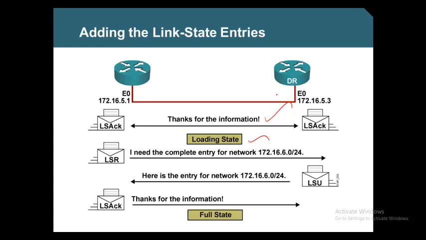And when there is no more query to be raised, they both reach a state called full state. So both routers declare that we have reached full state of adjacency, meaning I have understood all the info that you have sent me and you are my neighbor.